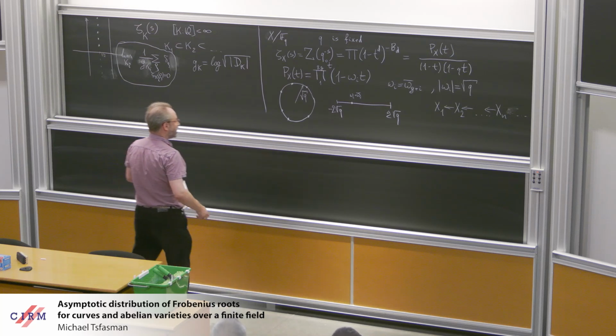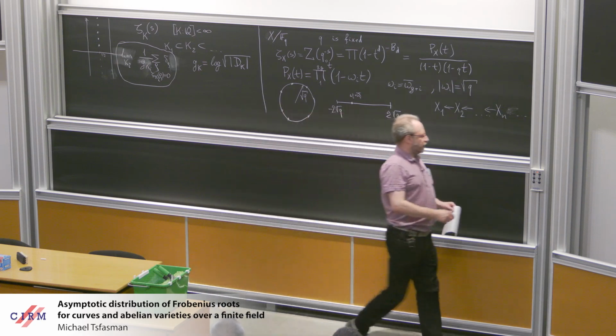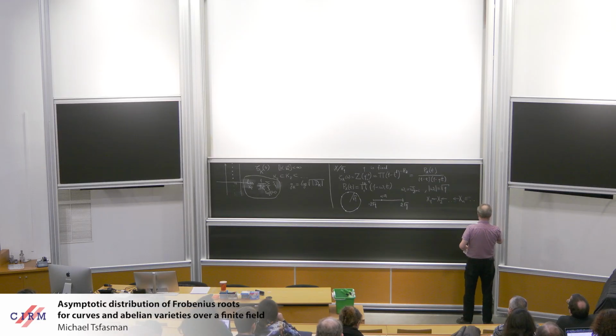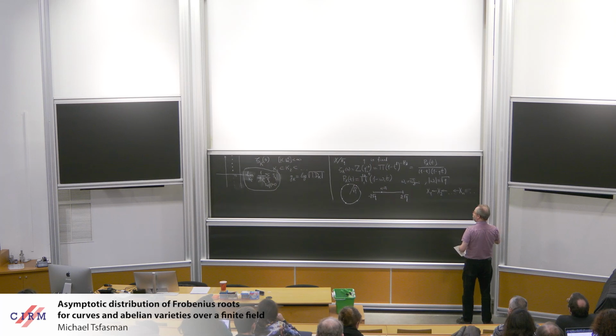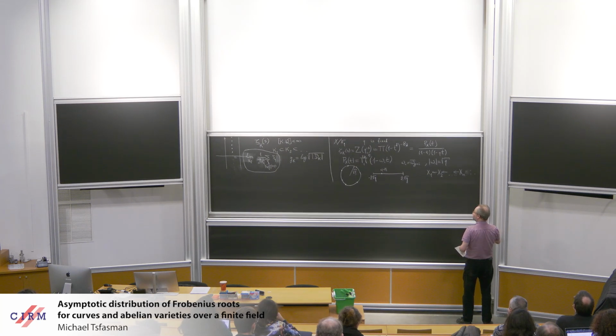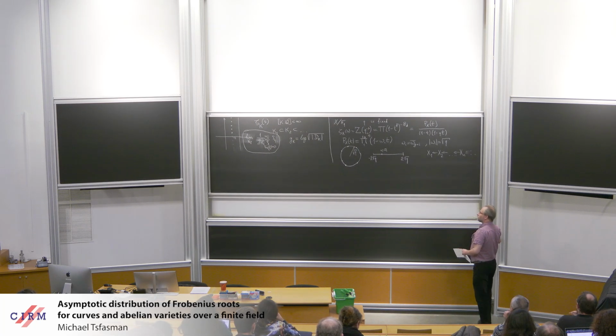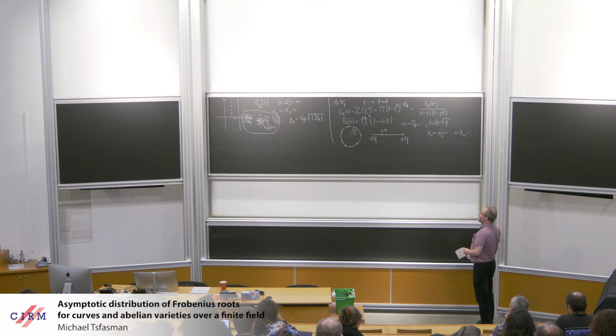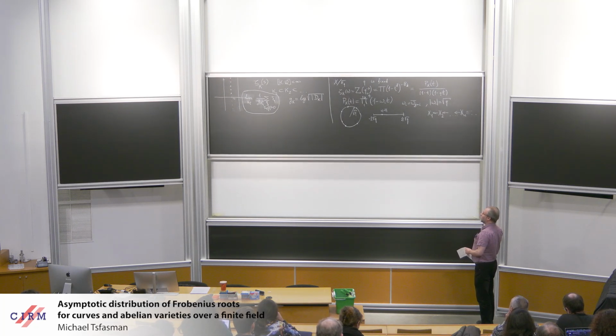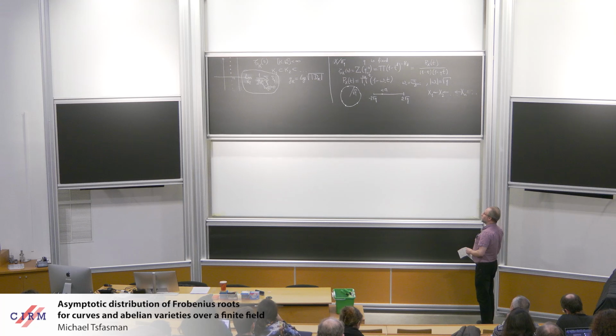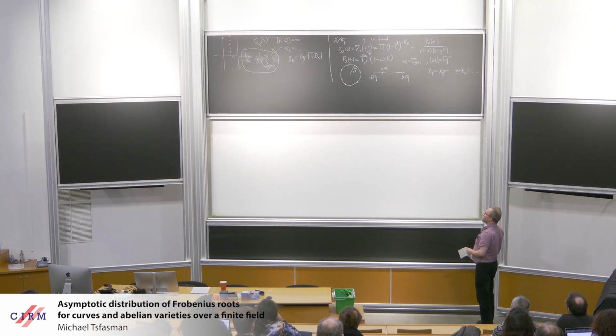Now, that's all with the curves and number fields for the moment. And now I'll pass to abelian varieties over finite fields.